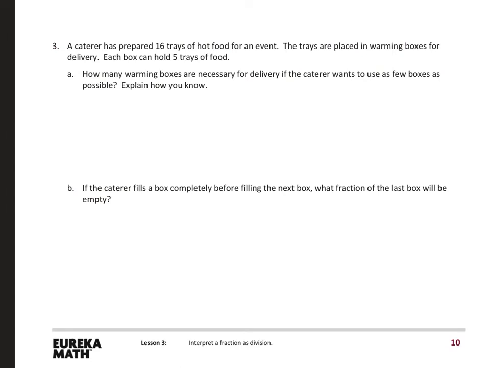All right, let's look at this word problem for number 3. Number 3 says, a caterer has prepared 16 trays of hot food for an event. Let's circle that. The trays are placed in warming boxes, kind of like when you get a pizza delivery, they put it into that little warming container for delivery. Each box, it's box in the word each box, can hold 5 trays of food.